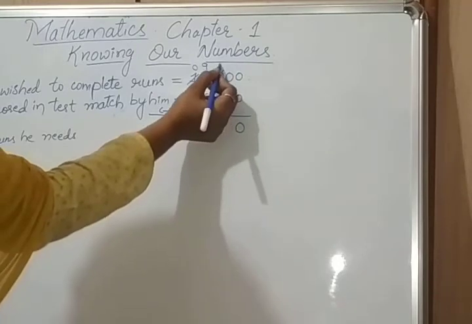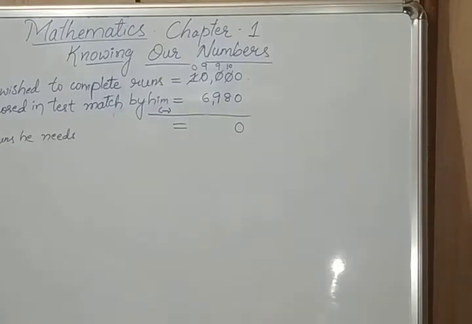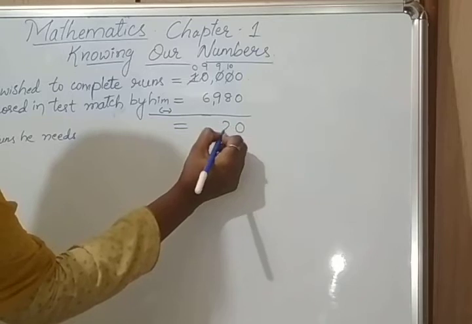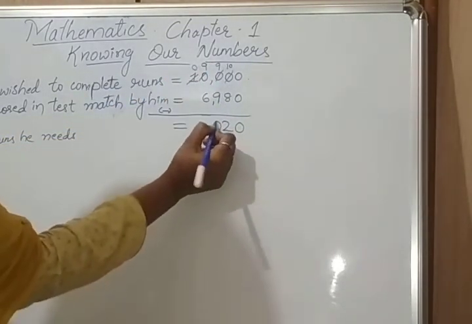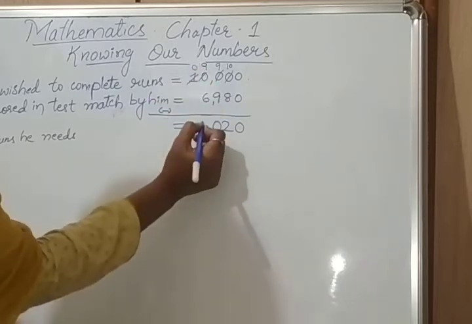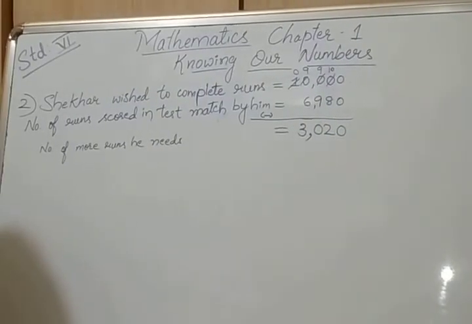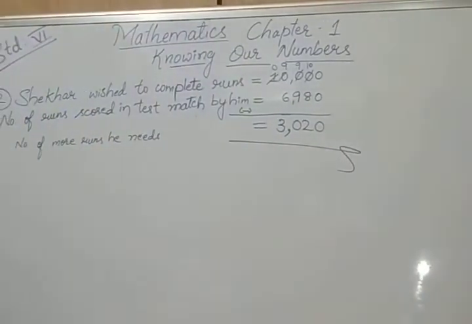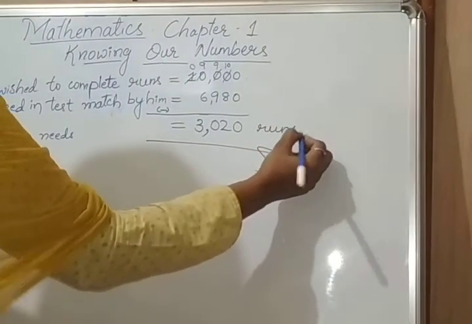Again borrowed, 9. This totally 10. 10 minus 8, 2. 9 minus 9, 0. 9 minus 6, 3. So, how many runs he needs more? The number of more runs he needs is 3020 runs.